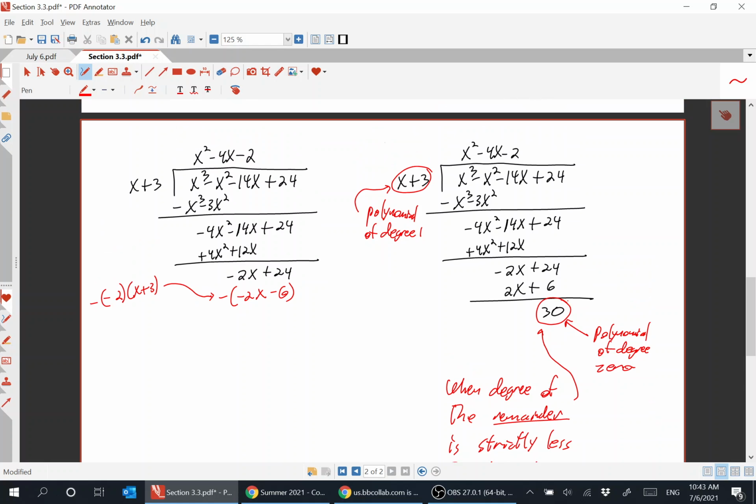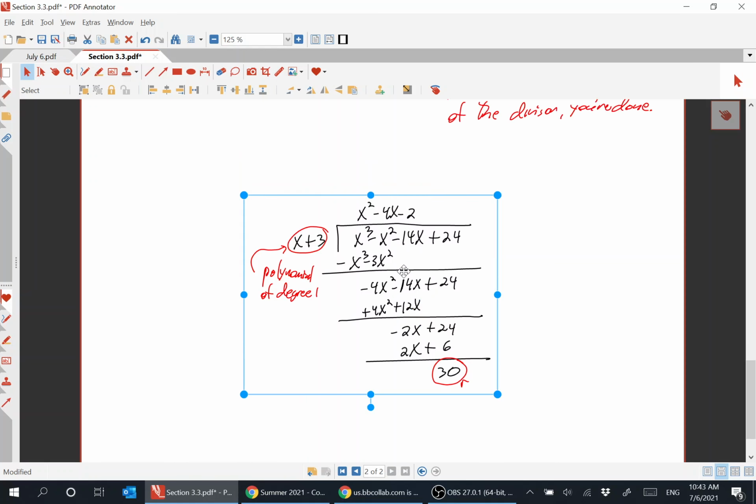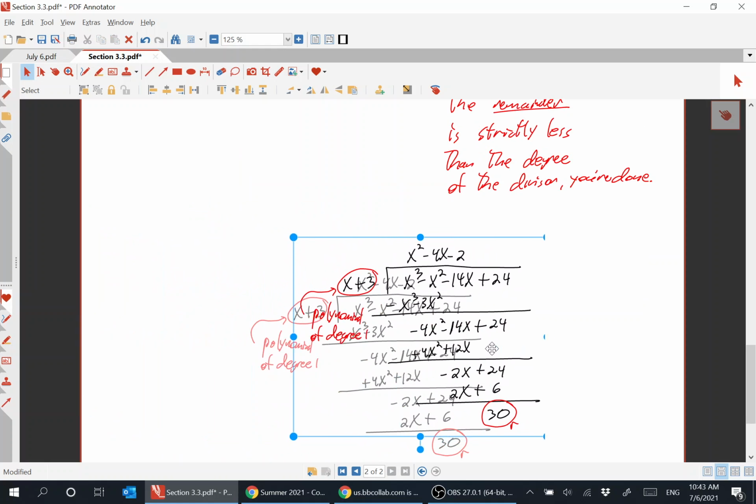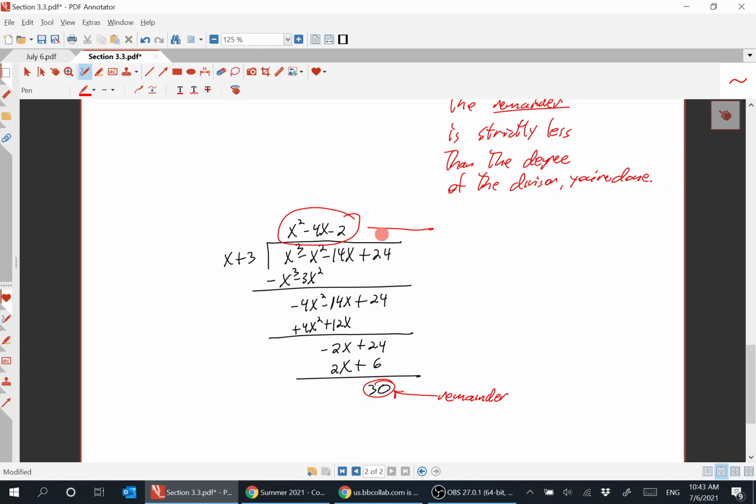Okay, so what is this here? What does this tell you? So this right here is the remainder, and this right here is the quotient.